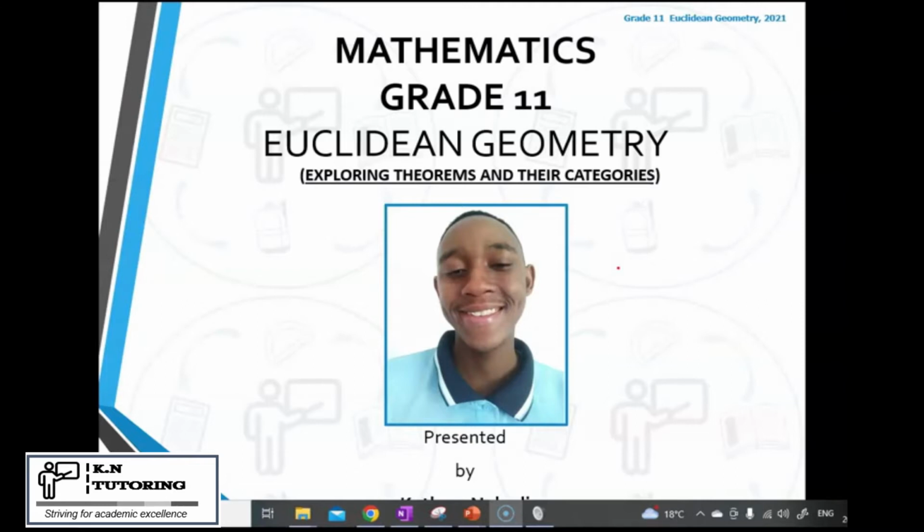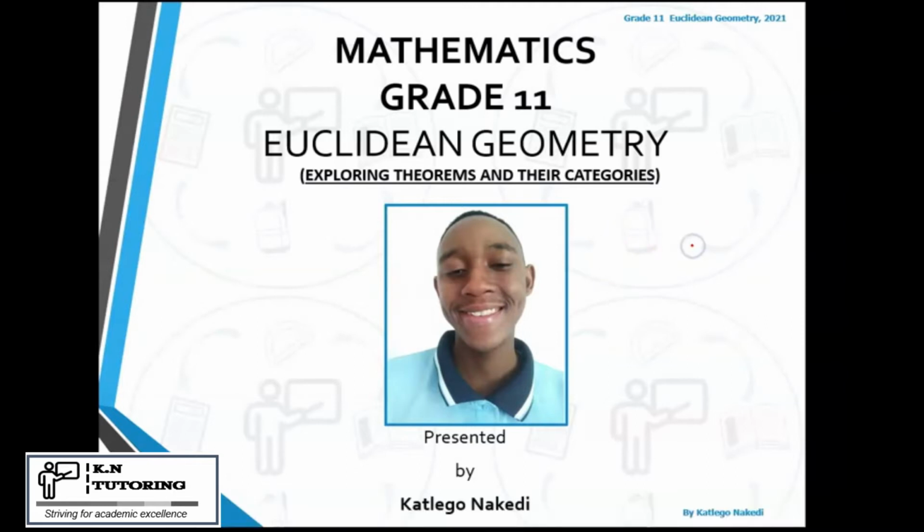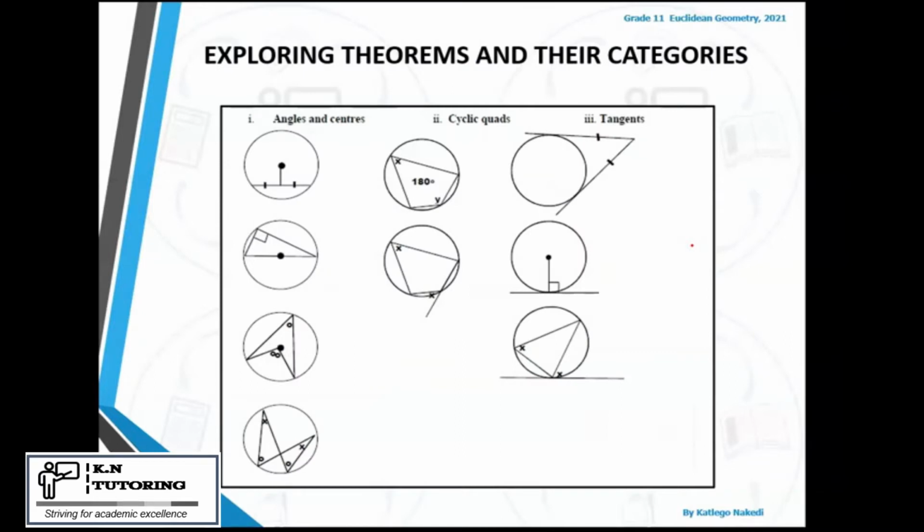So in these lessons, we'll be going through a very important section called Exploring Theorems and Their Categories. As I also mentioned in the first video, these theorems are categorized into three areas. The first one, I call them the families, or you can call them categories, is the family of angles and centers.